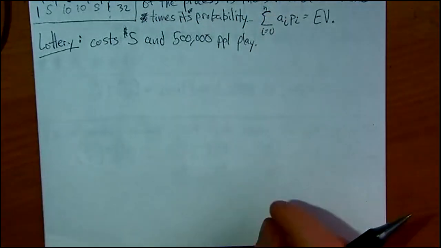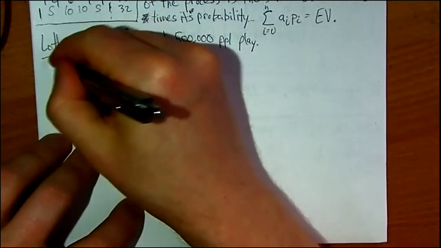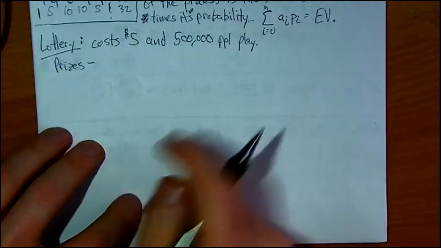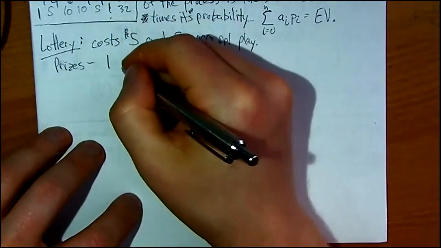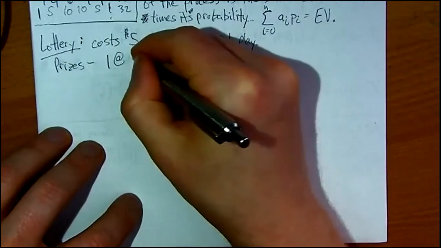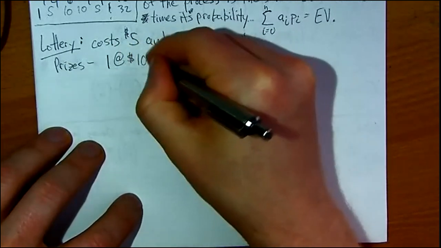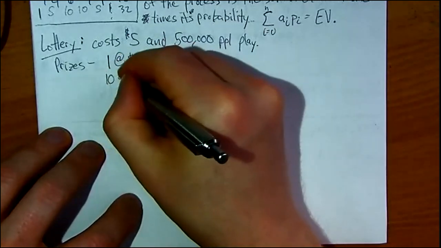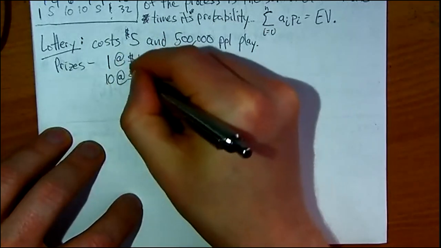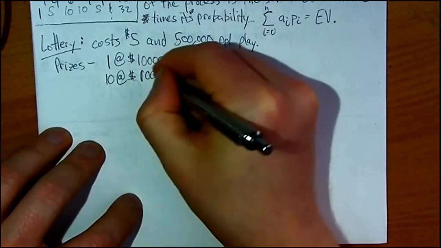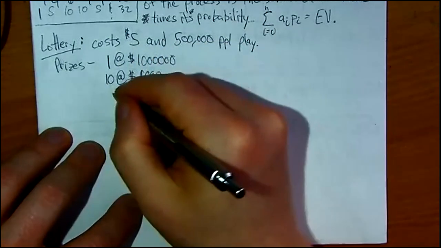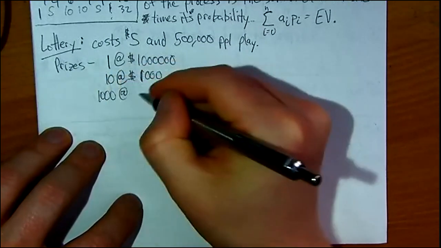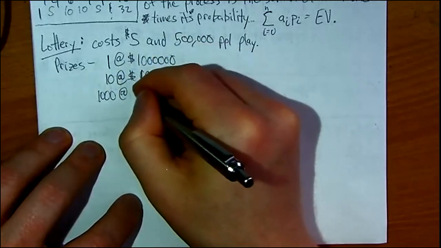Okay. Here are the prizes for the lottery. We've got one grand prize at $1 million. We've got 10 first place prizes at $1,000. We've got 1,000 second place prizes at $500.